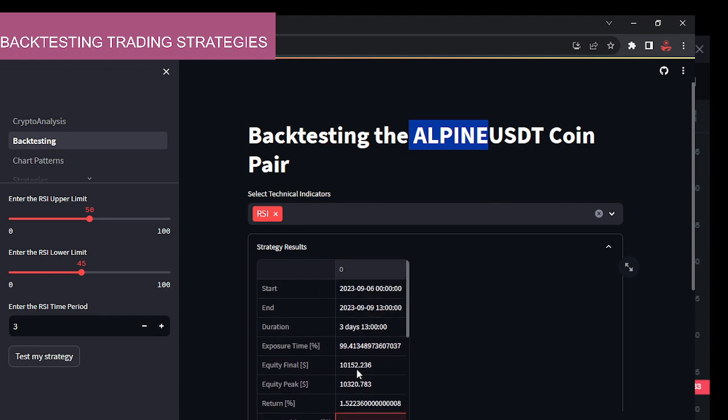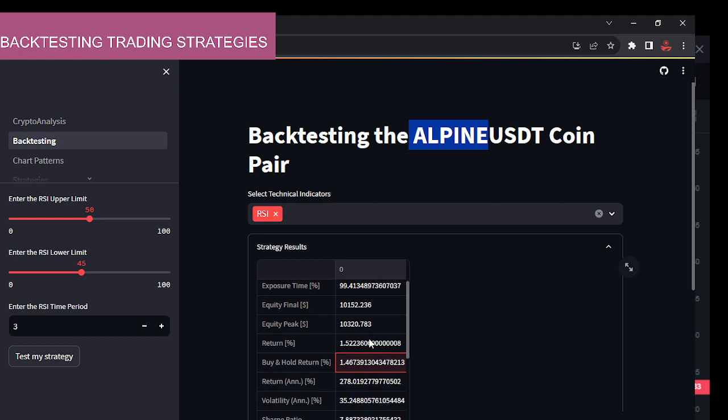Like I bought on the 6th of September, assuming, and I sold it or even held it to the 9th of September. So my coin asset has appreciated, without me doing anything, 1.467%.